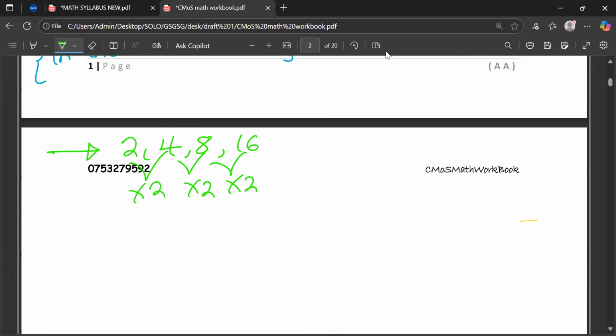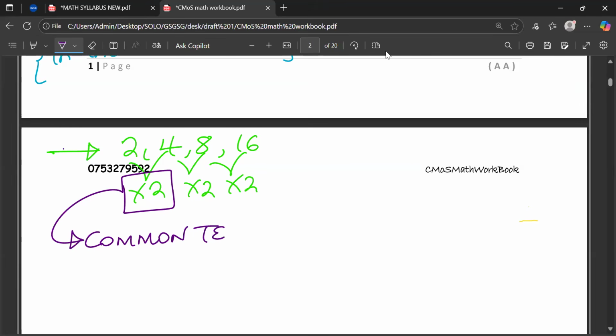So this times 2 is a common term. Why? Throughout we are multiplying, throughout we are using 2. Same operation, same figure. So this one becomes a series.